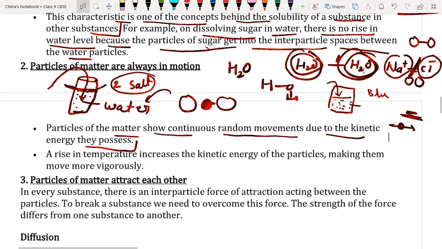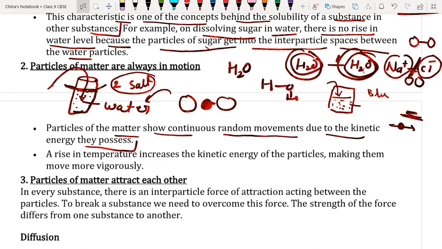Now the next point: with rising temperature, particles move more vigorously and change state. The motion of the particles increases with temperature because particles absorb energy from the surroundings.